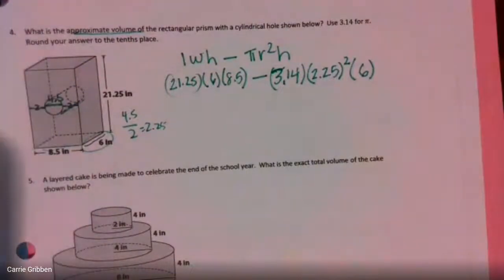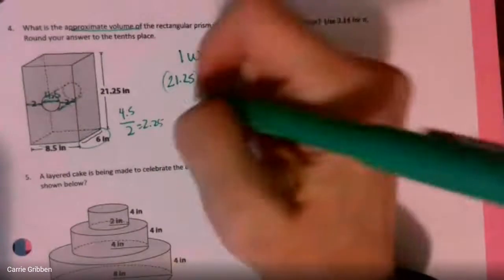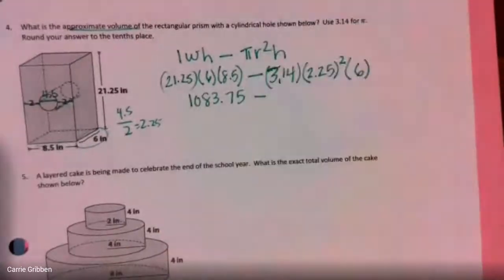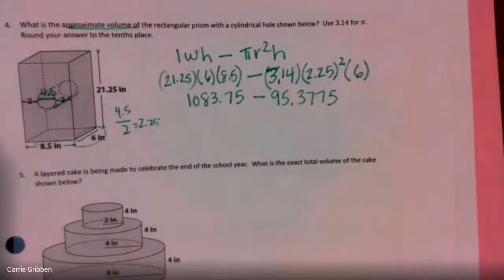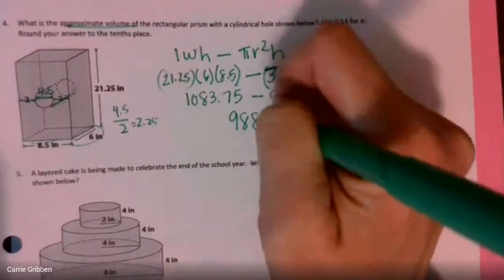Okay, so in 2 steps, if I use my calculator and I do 21.25 times 6 times 8.5, this would be 1083.75 minus, and if I do 3.14 times 2.25 squared times 6, that gives me 95.3775, and then I have to subtract those two things. 95.3775 gives me a grand total of 988, and to the nearest tenth it would be 0.4.